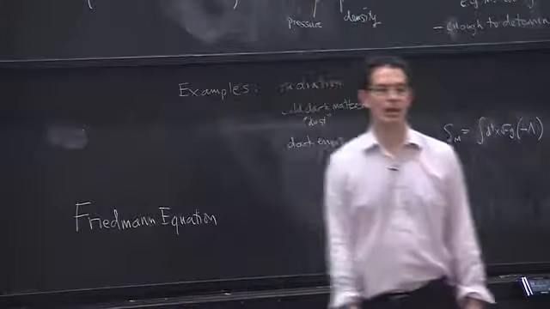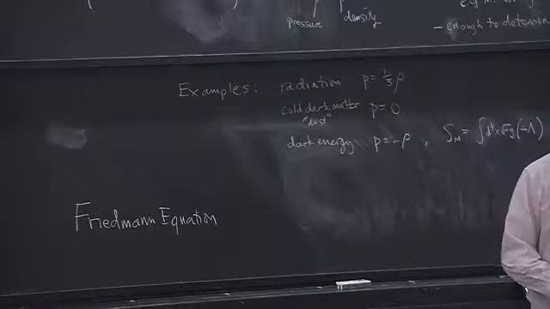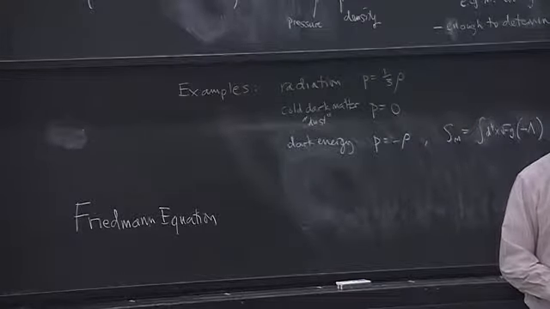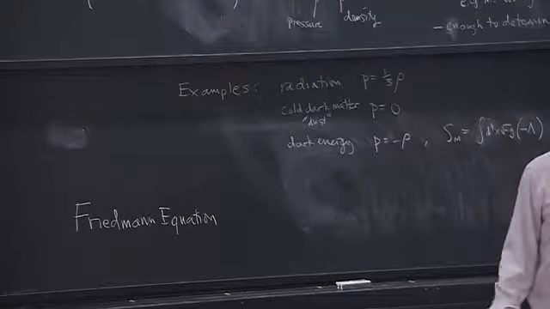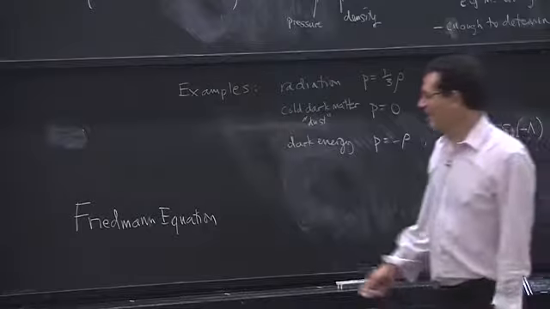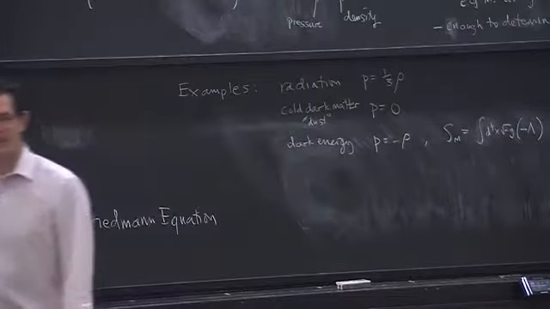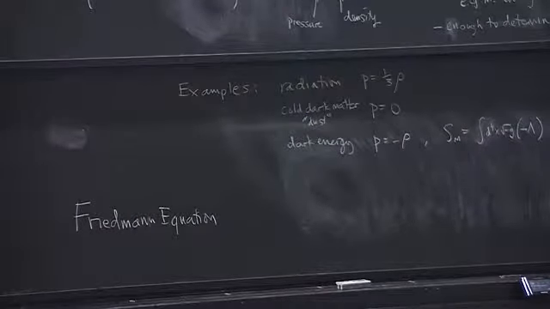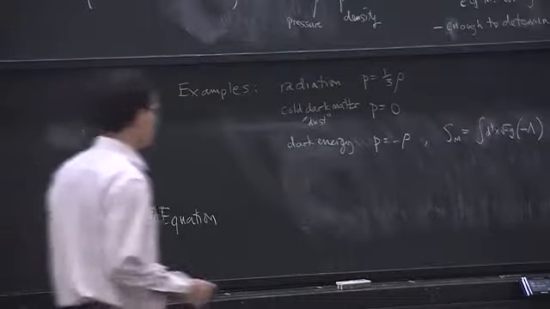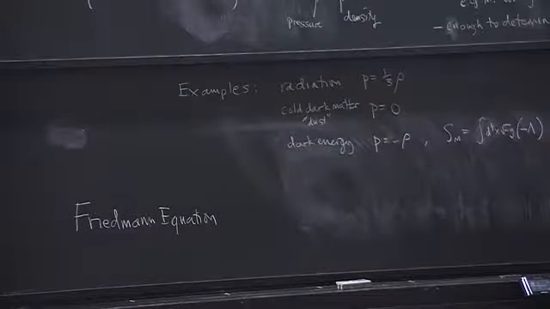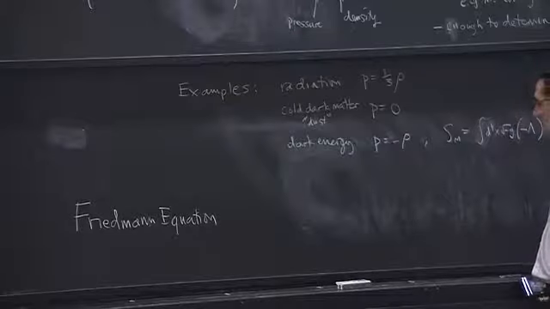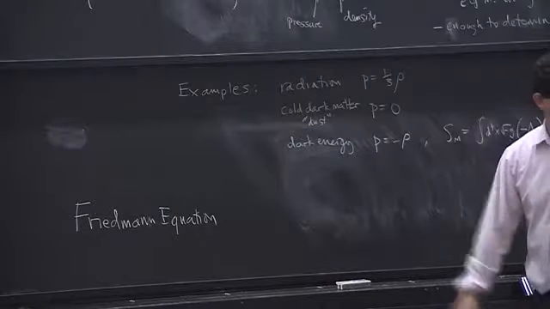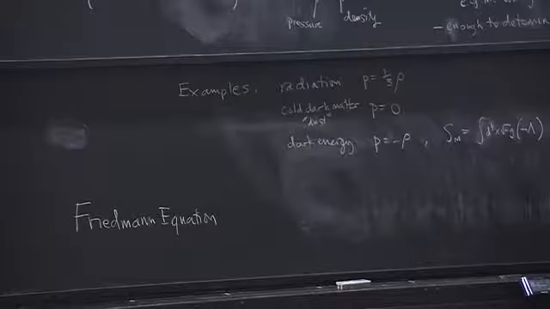So this is an amazing history. Einstein did this first. He assumed the universe was static, because what else is he going to assume? Friedmann was a young Russian in Leningrad at the time, in the Mathematical Institute. He said, no, let's allow the metric to depend on time, which with hindsight was an obvious thing to do.